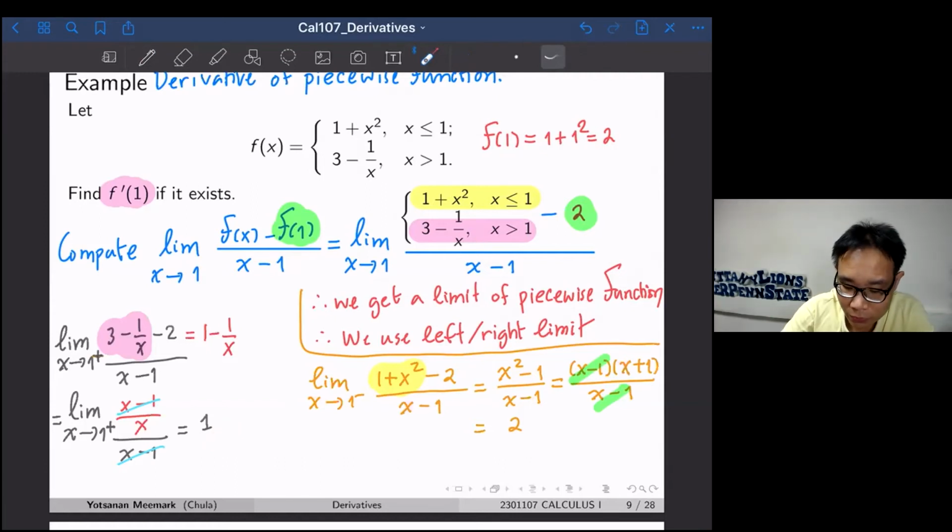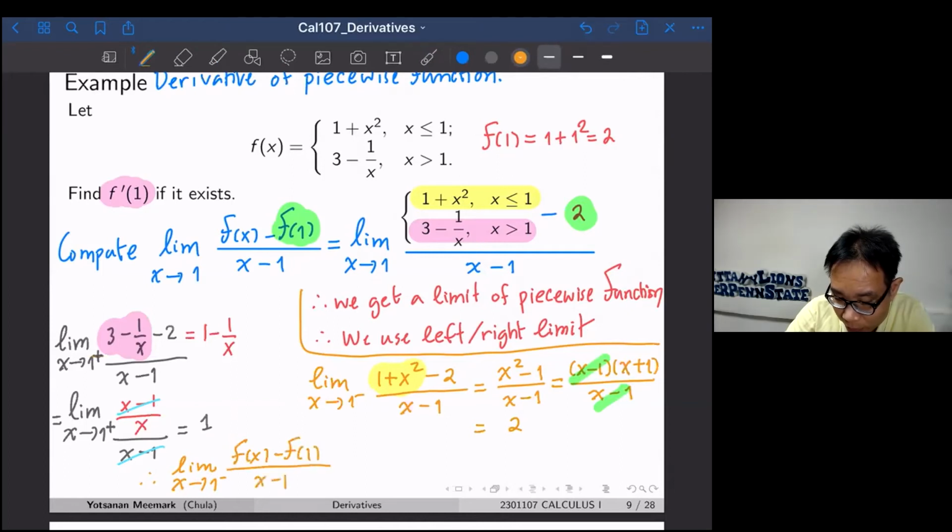Okay, so these are not the same. So the limit as x goes to 1 from the left of f(x) minus f(1) over x minus 1 is not equal to the limit as x goes to 1 from the right of f(x) minus f(1) over x minus 1.